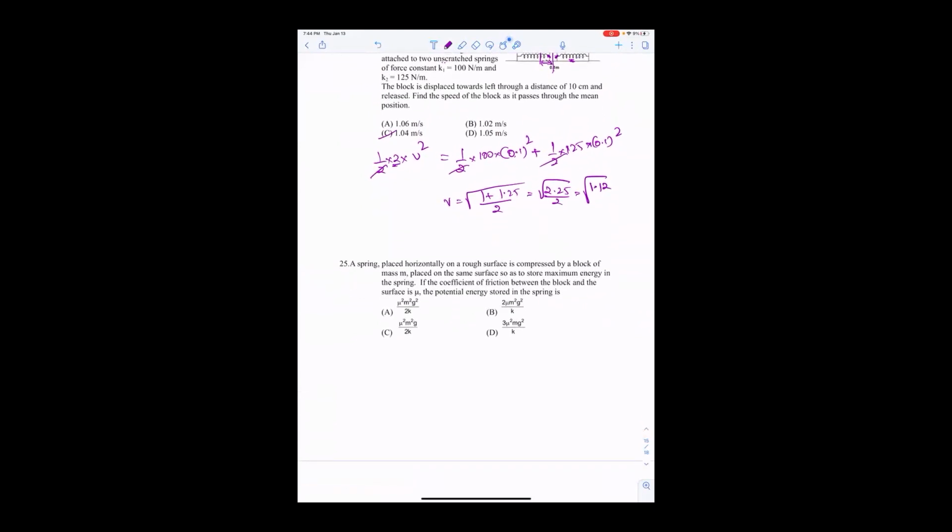Let's square it. So 1.04 squared is 1.16. That is near to this.